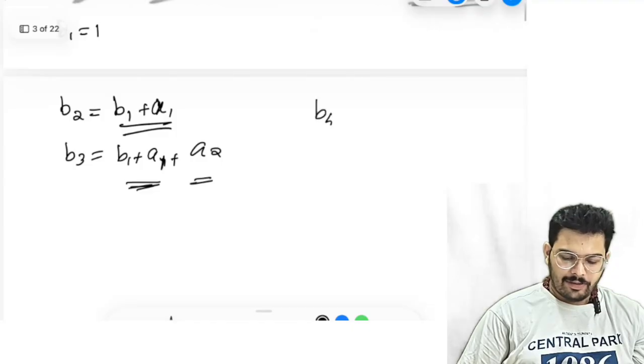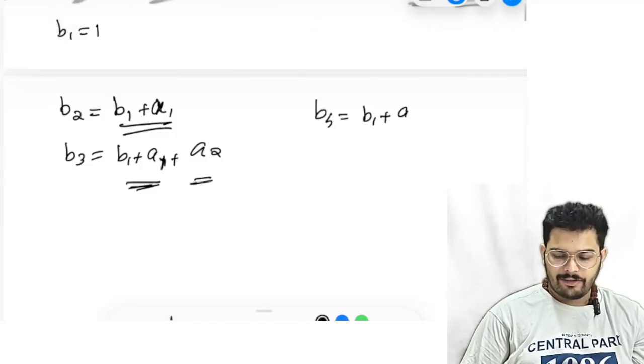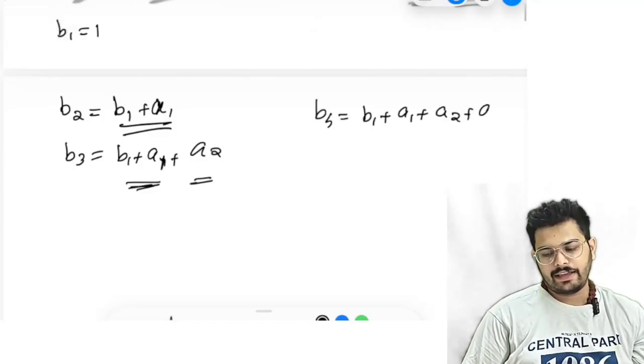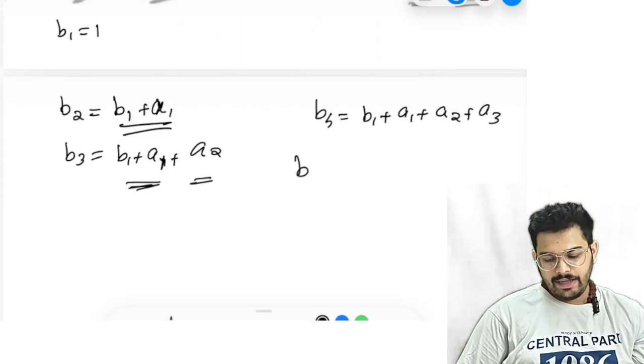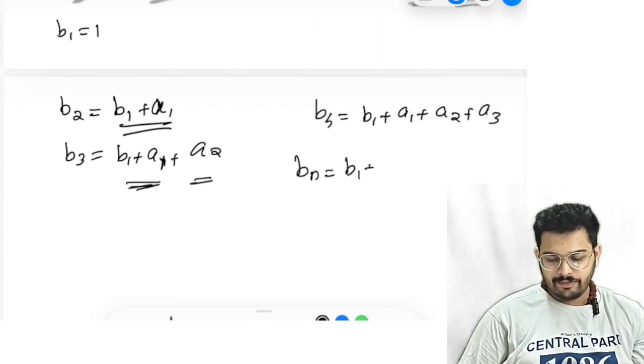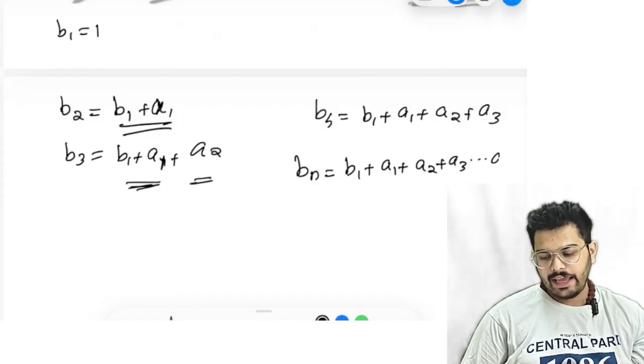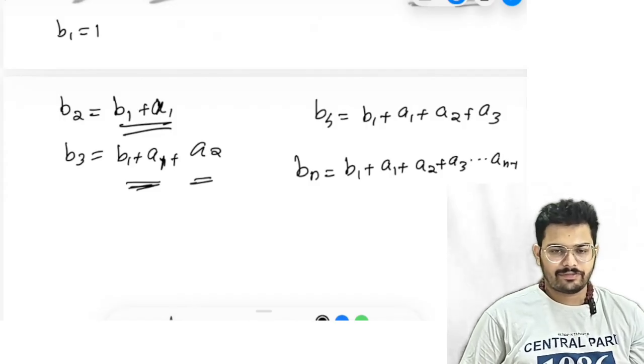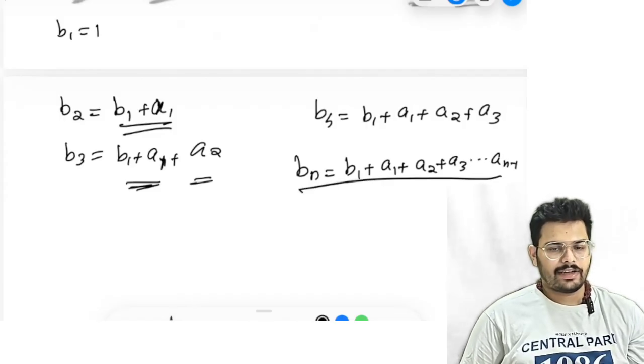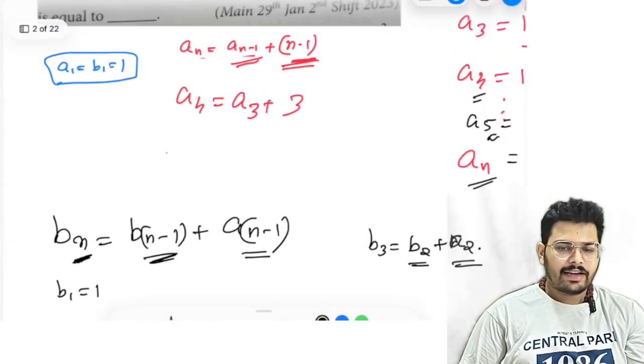Similarly, b4 equals b1 plus a1 plus a2 plus a3. In general, bn equals b1 plus a1 plus a2 plus a3 and so on up to an minus 1. So that's how we found the general forms of bn and an respectively.